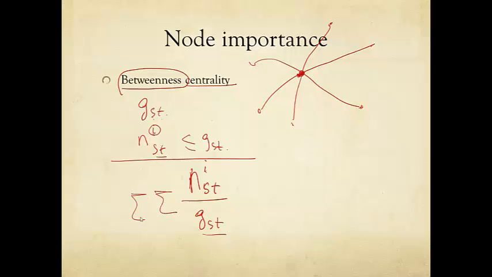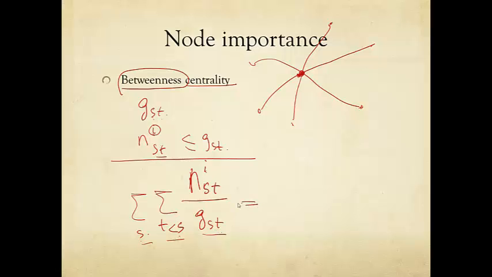If we sum up across both s and t indices, we're actually double counting all the node pairs, which is fine if you want to stick to that convention, but most books stick to the following convention. You just order all the nodes, and therefore you sum across all the s and then all the destination t that's less than s in the ordering of the nodes. This will avoid double counting all node pairs. It's just a factor of 2 difference in the end.